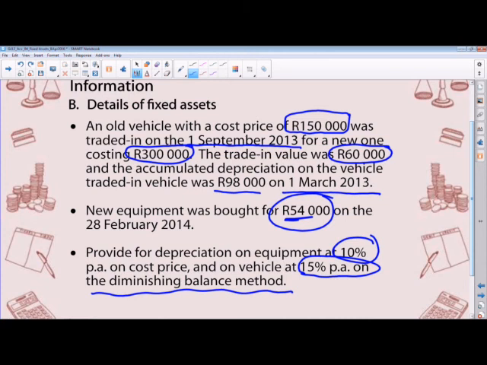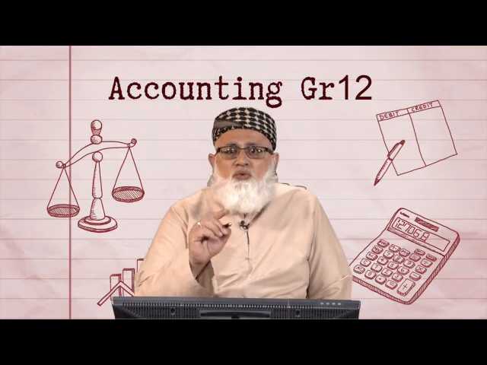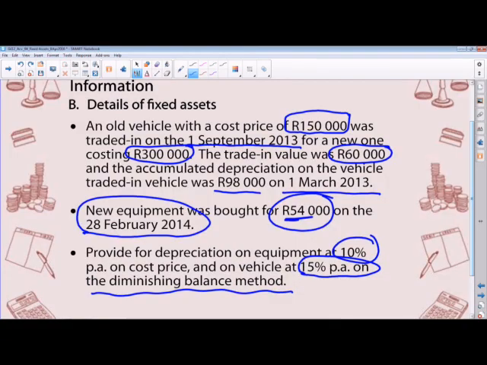On the 28th of February 2014. Remember, we spoke about dates? That's right, guys. When was this new equipment purchased? It was purchased on the 28th of February 2014, meaning the last day of the financial year.